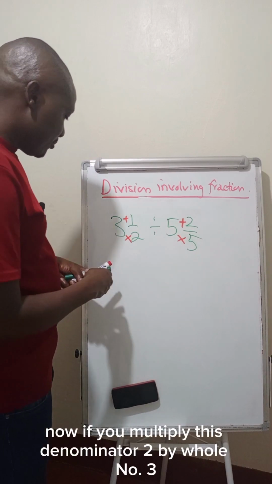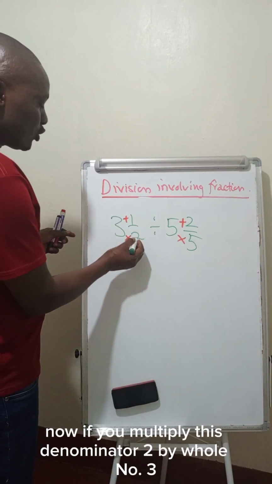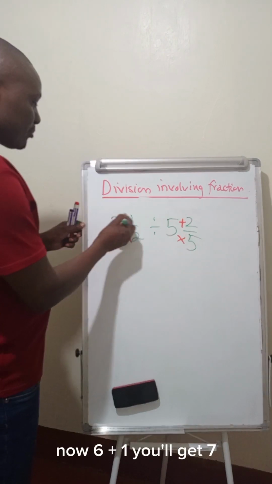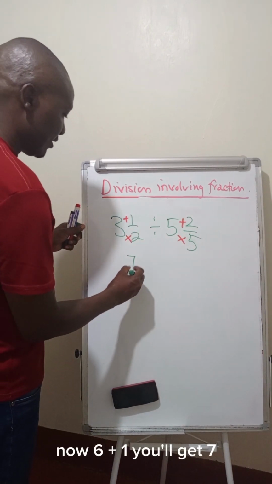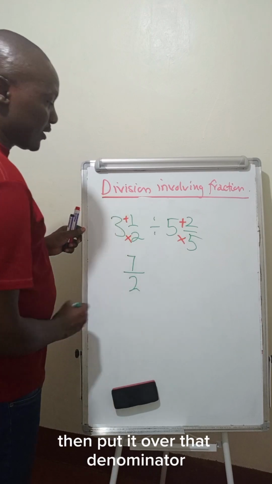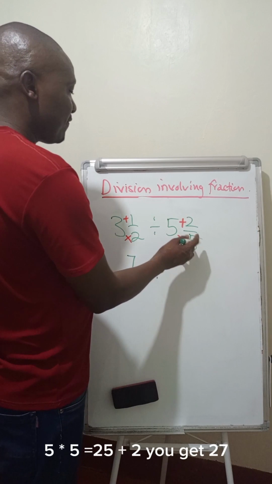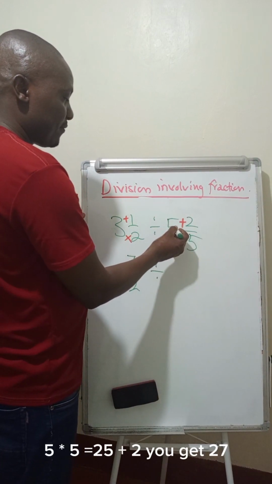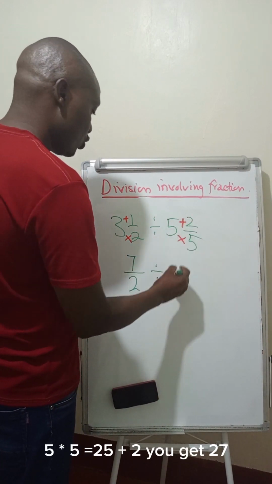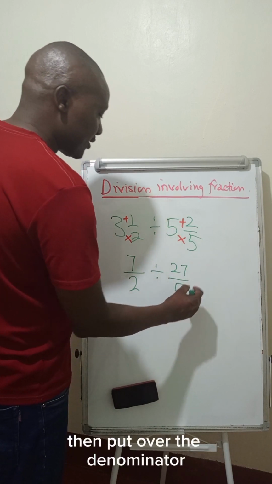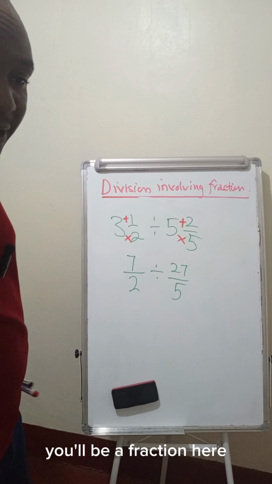Now, if you multiply this denominator 2 by whole number 3, you'll get 6. Now 6 plus 1, you'll get 7. Then put it over that denominator. Now do this one. 5 times 5, 25. 25 plus 2, you get 27. Then put it over the denominator. You have your fraction here.